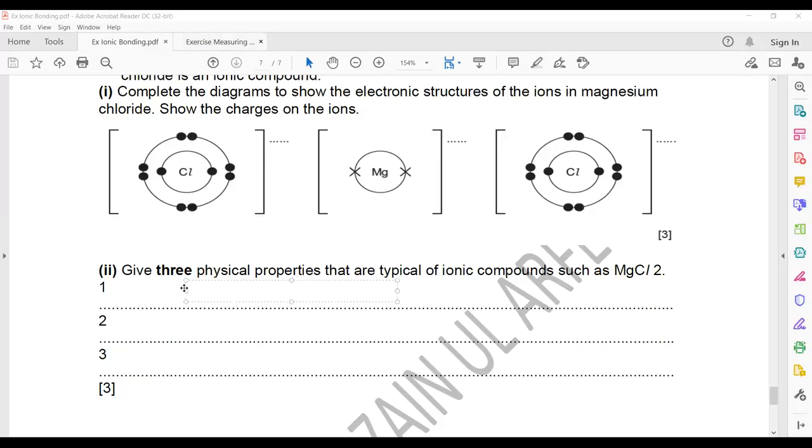So three physical properties: having a high melting or boiling point. That's one. The second one, conducts electricity, but you have to specify in what state it can conduct electricity: in molten or aqueous state.